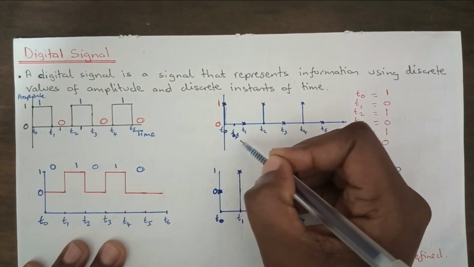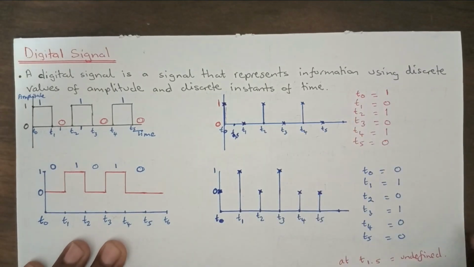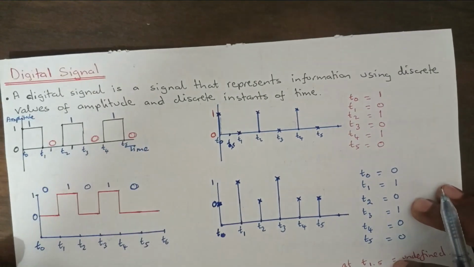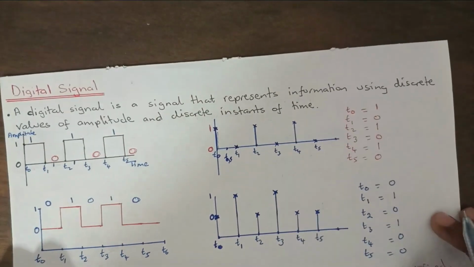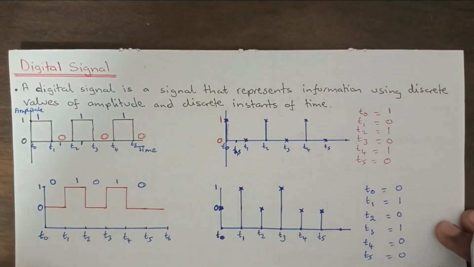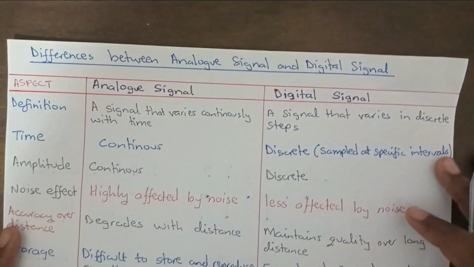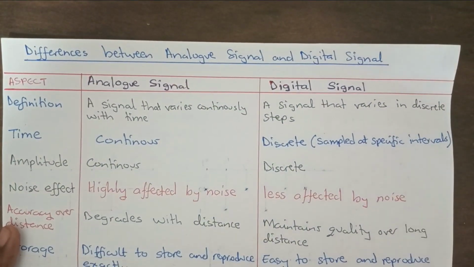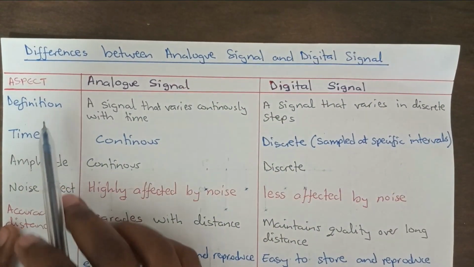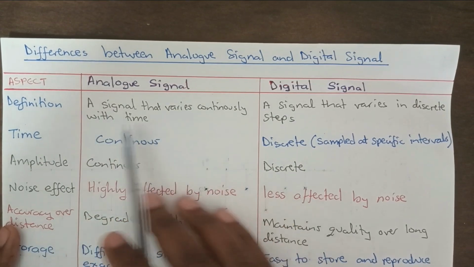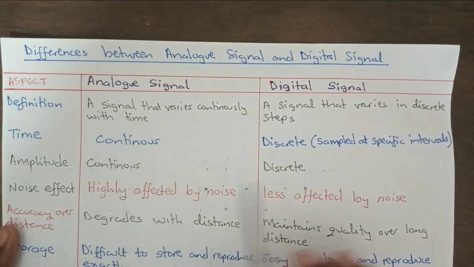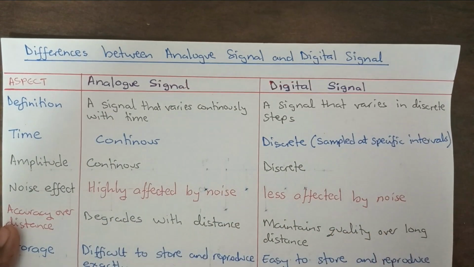Okay? Let us now differentiate between analog and digital signal. If you look at this table, you can see definition: a signal that varies continuously with time, that is an analog signal. A signal that varies in discrete steps, that is digital signal. Time is continuous in analog signal.